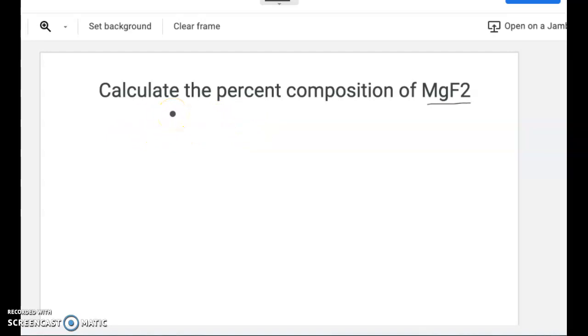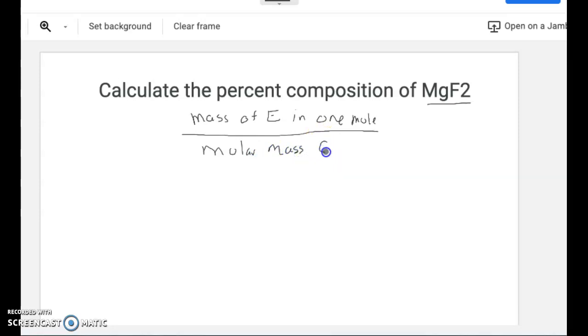So in general it's going to be the element divided by the compound, but the way you do it here when you just have the chemical formula is you're going to take the mass of the element in 1 mole divided by the molar mass of the compound, and then we're going to multiply that by 100 to get a percentage.